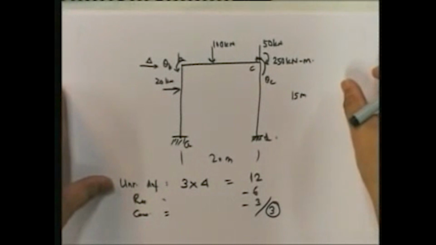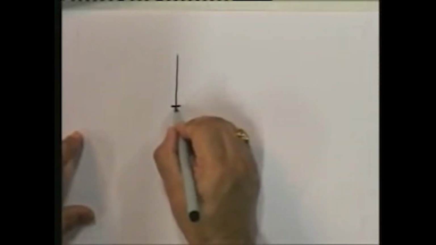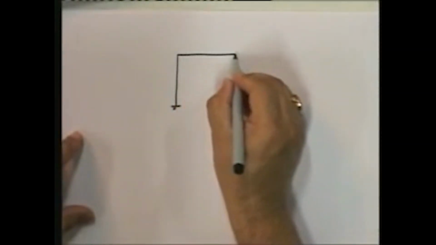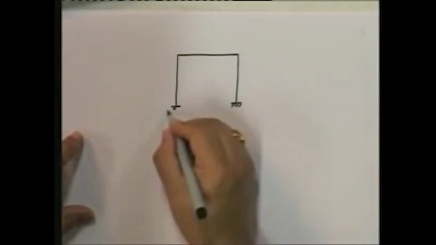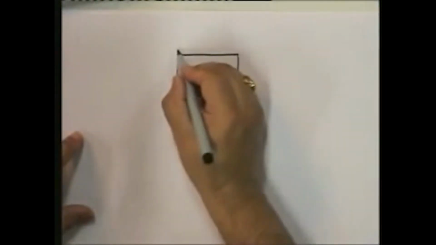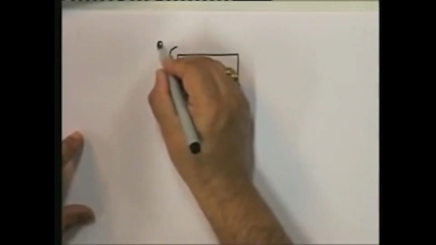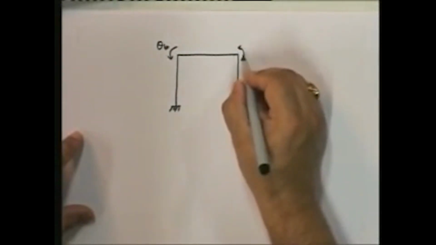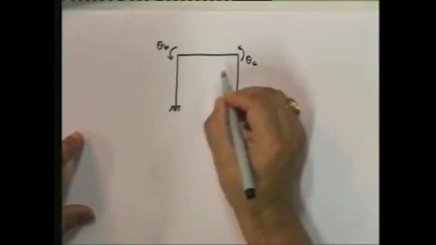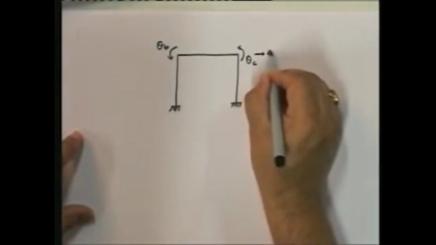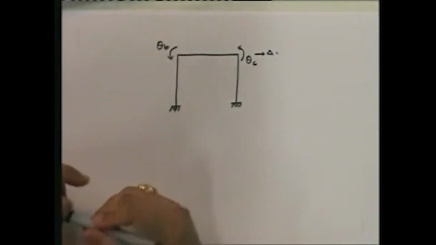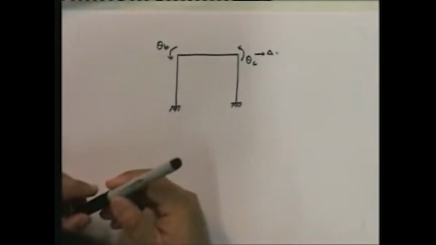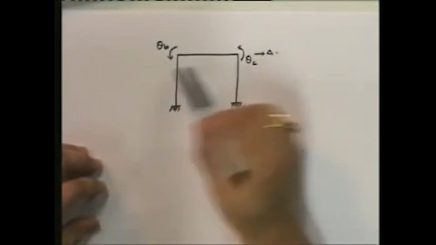Let me do that again: I have theta B, theta C, and delta.